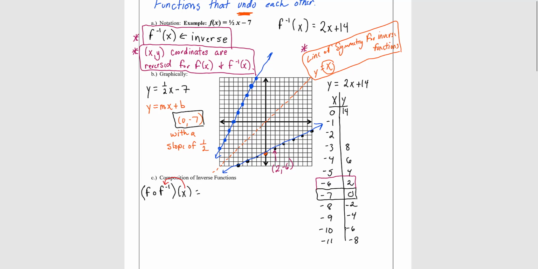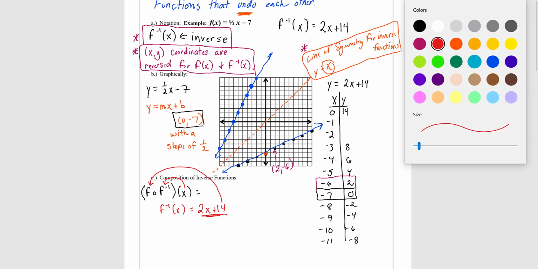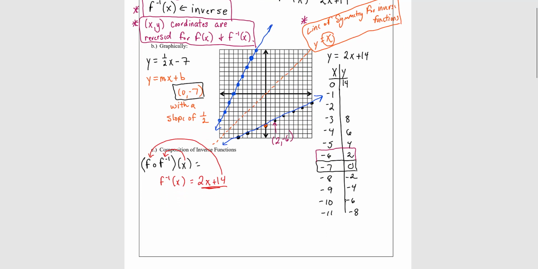We're going to take x and first substitute it in for the inverse function. Of course, nothing changes because it was already written with an x in it. So this is our halfway answer. And we're now going to take 2x plus 14 and substitute it in for the f function.